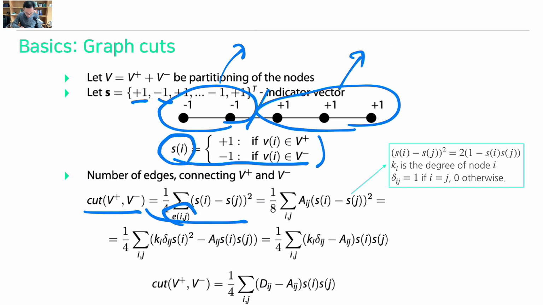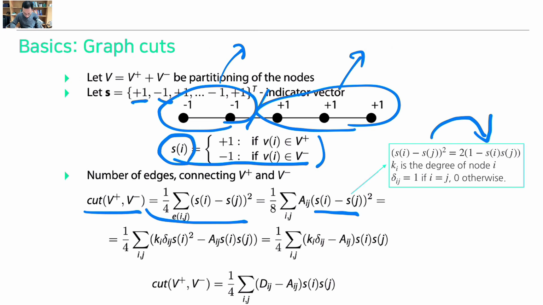Instead of this notation, we can introduce the adjacency matrix, and we still have this. Because s could be +1 and -1, we can easily see this is the same as this.